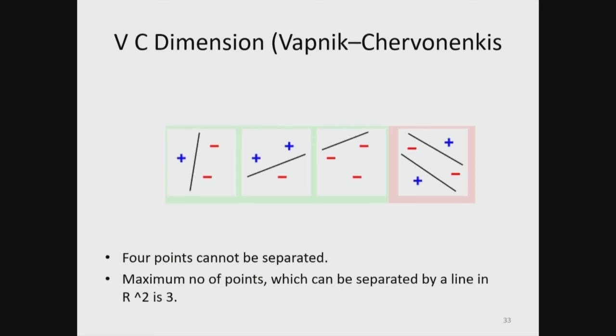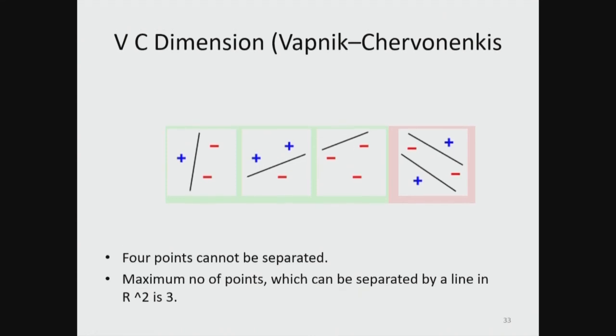This is what we are asking. If we have this type of data points, we can separate like this, like this, like this. But if we have 2 types like this, can we have one line to separate these 2? No. That means if we have 4 points, we cannot separate using one line.